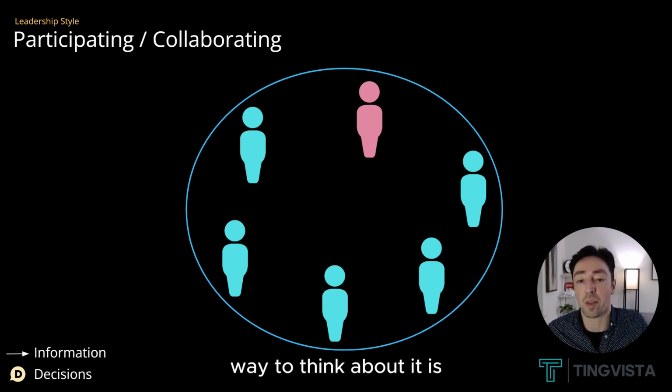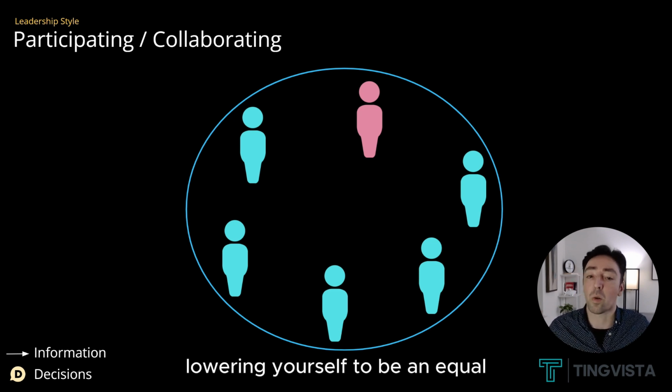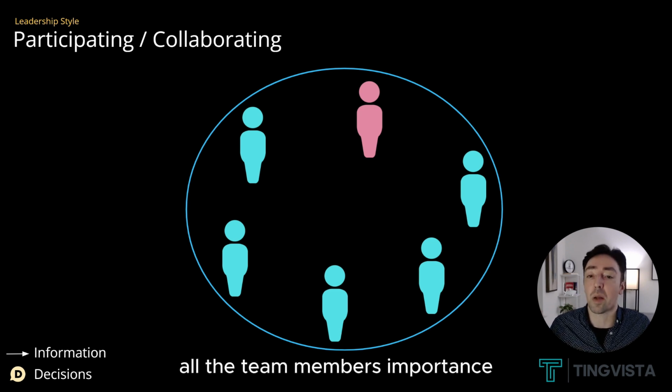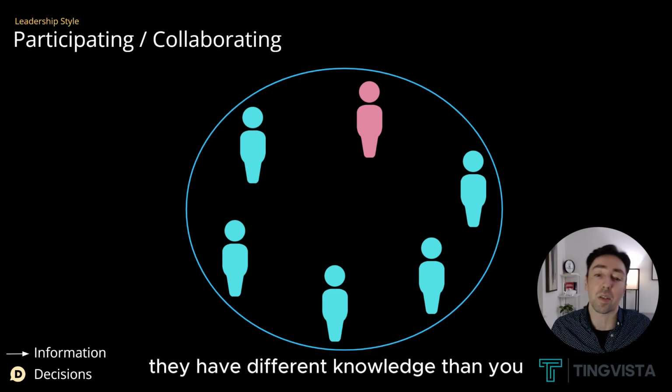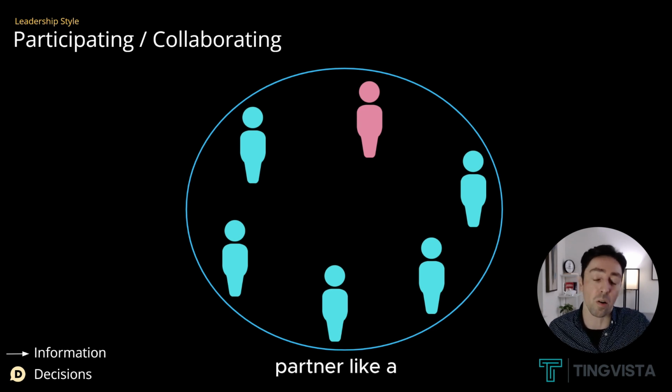And maybe a helpful way to think about it is, rather than you lowering yourself to be an equal, you might think of it more like you're elevating all the team members' importance, because they have different expertise than you. They have different knowledge than you. And as a result, you're looking for them to participate more like a trusted partner, like a collaborative team member.